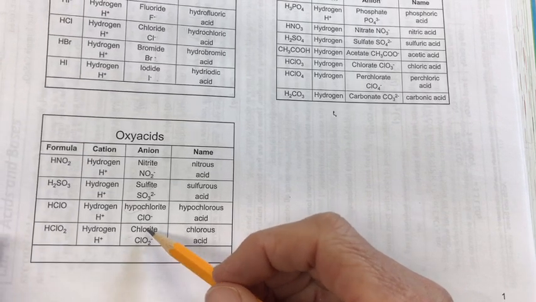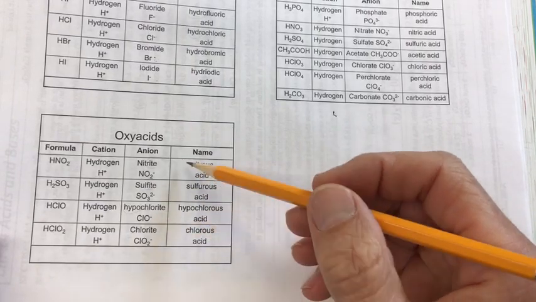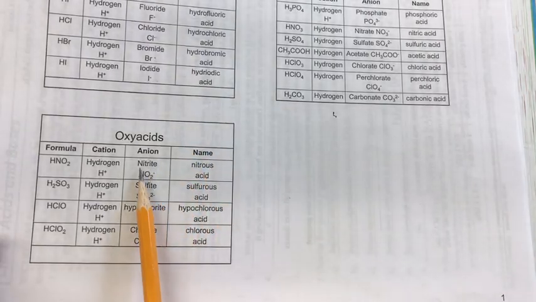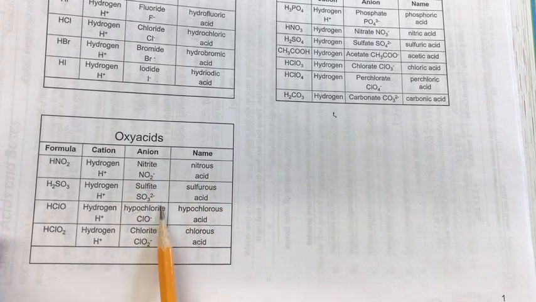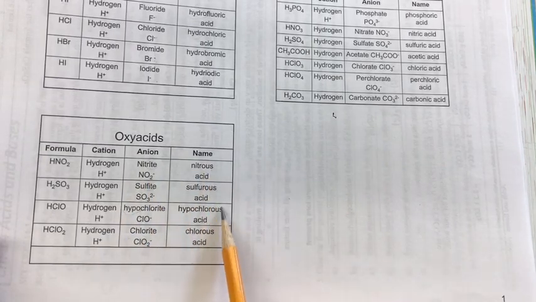And so the naming becomes very easy. Notice that there's no hydro in front. You just keep the anion name, so nitrite, when it becomes an acid, becomes nitrous. So all the ites now end in "us."